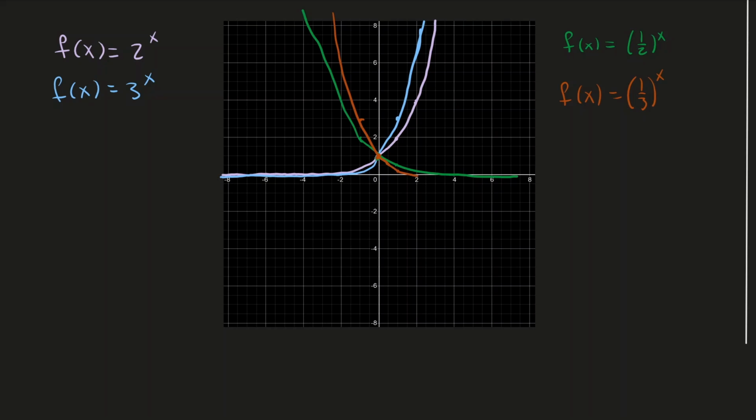Color coding these things. And so if I keep putting in more and more fractions, for instance, another example could be f of x is equal to 10 to the x. What this one does is that this thing skyrockets upwards much faster. At 1 we're all the way up at 10, so this thing goes up like this, and then slides down like that.